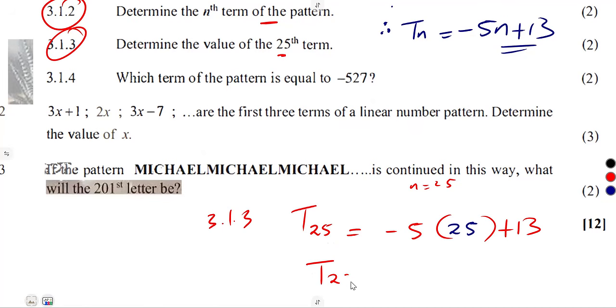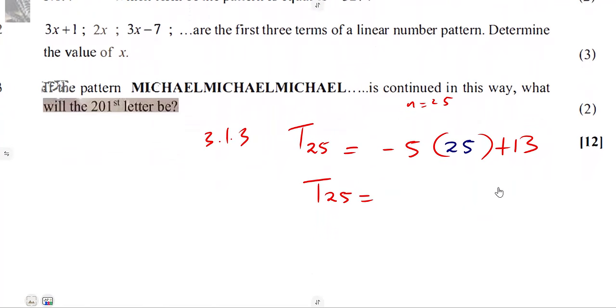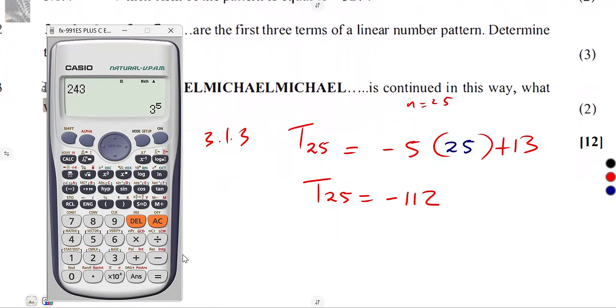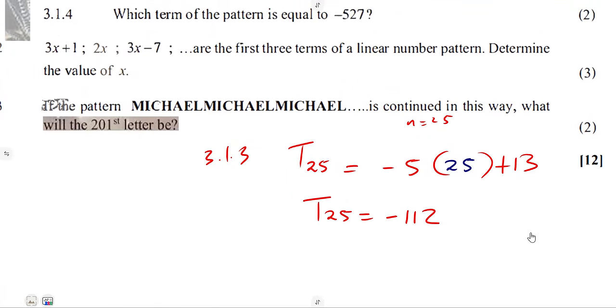So that's our T25, which we can simplify further. Negative 5 times 25 plus 13 at the end was going to give us negative 112. We can just use our calculator direct here. Negative 5, open bracket, times 25, plus 13 like this. So that's negative 112.